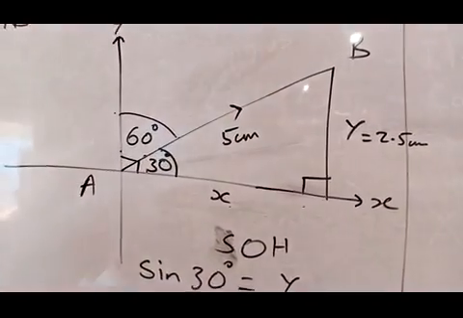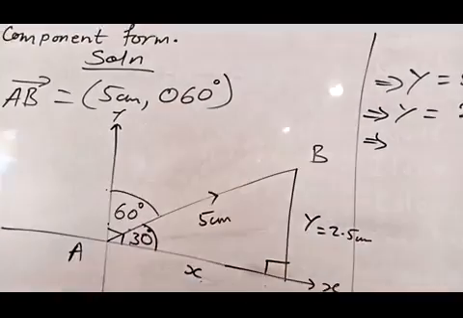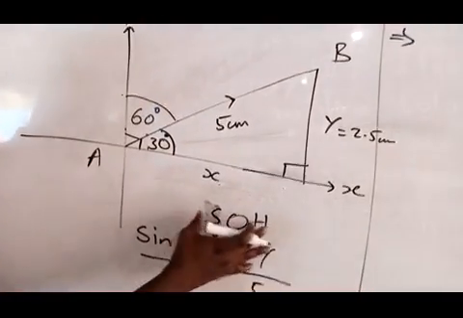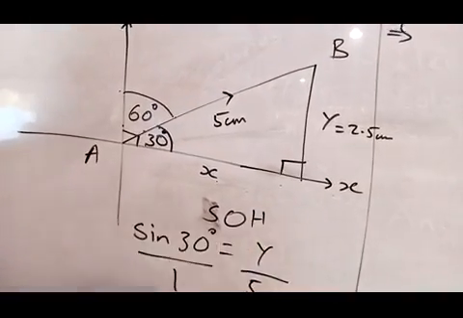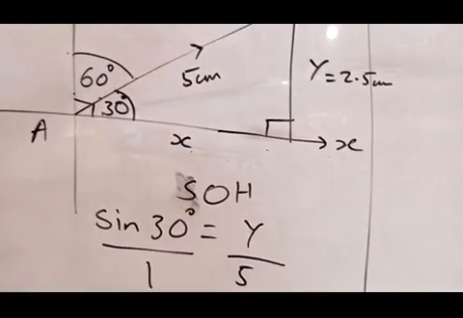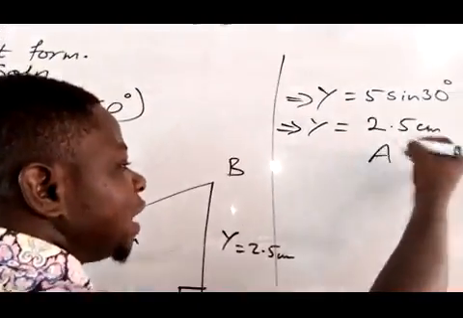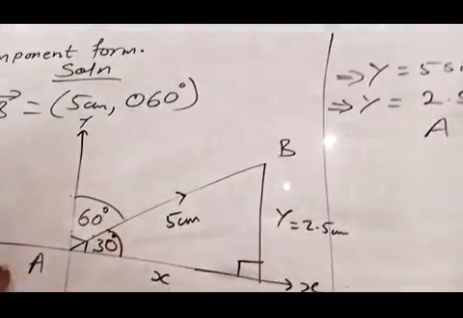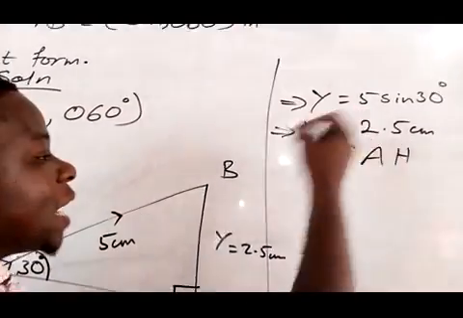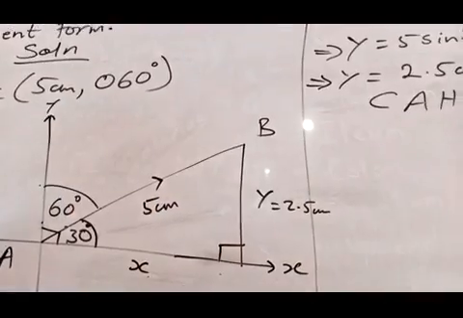Nonetheless, we can still use the trig ratios to find the x. Just as we used sine, which is opposite over hypotenuse, to find this, we can also look for what to use to find the x. Now this is the adjacent, which is A. Once again, we have hypotenuse, which is H. So it is going to be cosine, being the appropriate one that suits the information given.